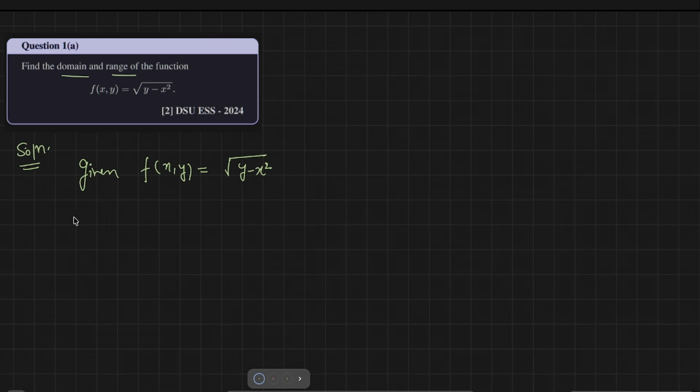Now for the square root function to be defined, the expression inside the square root must be non-negative.